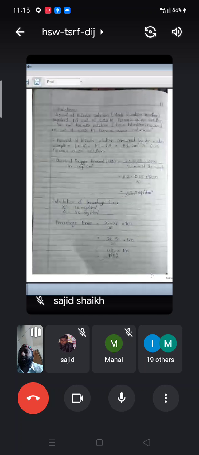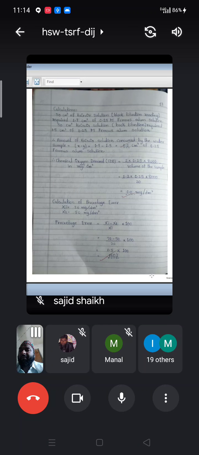Okay, 50 cm cube of the K2Cr2O7 solution, that is the blank titration reading, required 1.7 cm cube of the 0.25 molar ferrous alum solution. Same way 50 cm cube of this K2Cr2O7 solution back titration required 1.5 cm cube of 0.25 molar ferrous alum solution. Means you can take now this reading, blank titration and back titration.